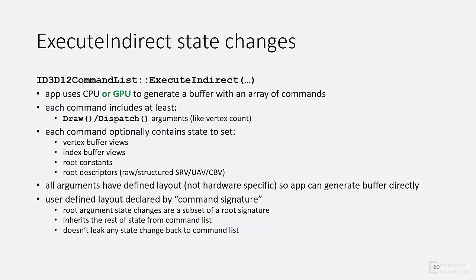When ExecuteIndirect executes, it inherits any state from the command list that the ExecuteIndirect commands themselves aren't going to change. At the very end of the ExecuteIndirect command, after the last draw or dispatch finishes, none of the state changed by the ExecuteIndirect command leaks back to the command list.